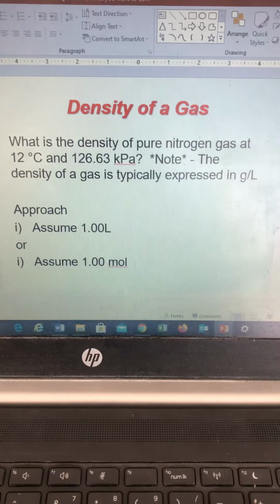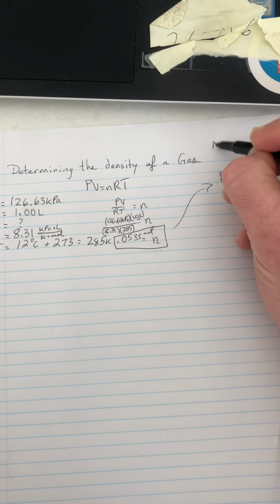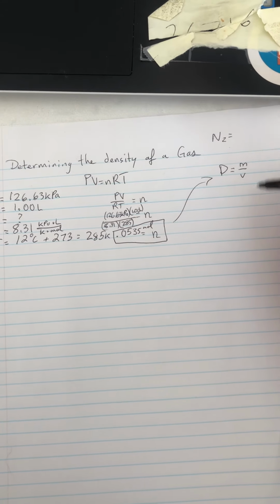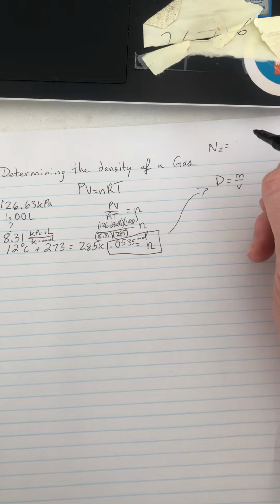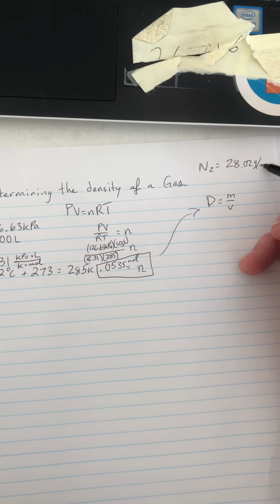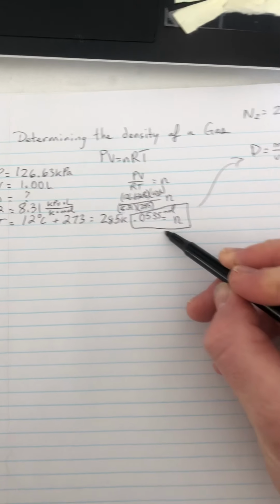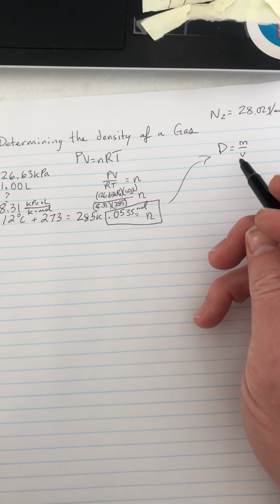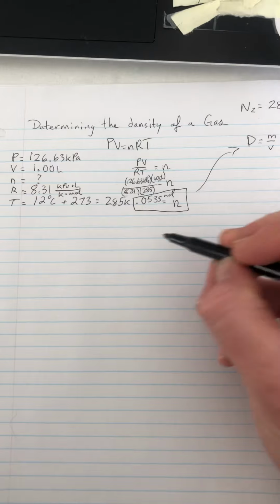One other piece of information we haven't used yet tells us we're dealing with pure nitrogen gas. And remember, nitrogen is one of our diatomic molecules, has formula N2, and therefore if you go to your periodic table, it's going to be 28.02 grams per mole. So let's take our moles, convert it into mass, plug it into our density formula, figure out the density.